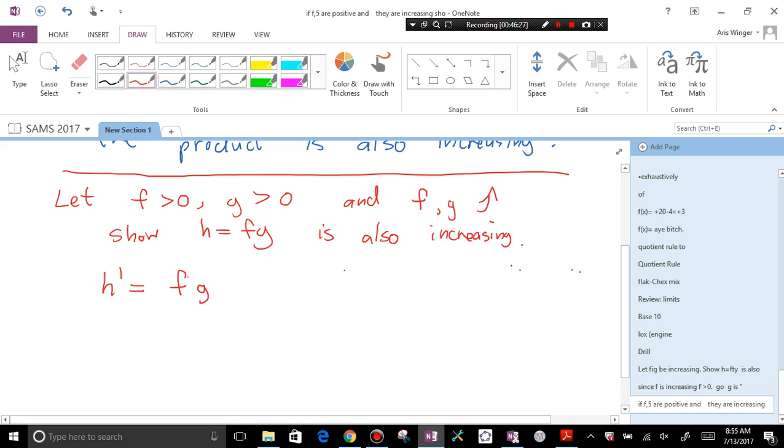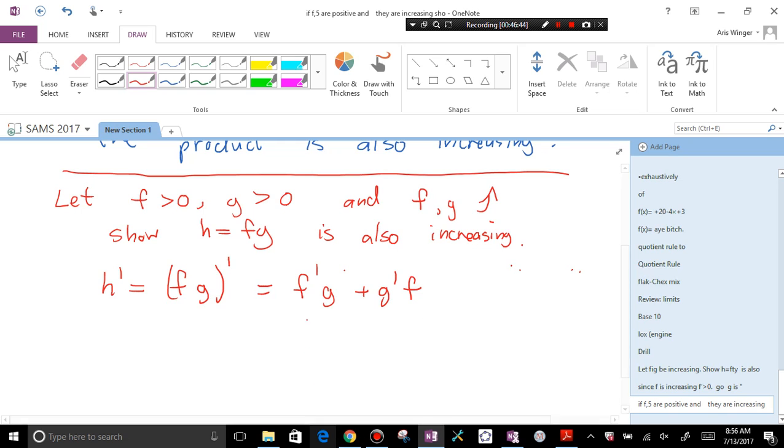So H prime is FG prime, which by the product rule is F prime G plus G prime F. One of the things about proofs is that when I give you conditions, you need to use them all. I gave them to you for a reason.